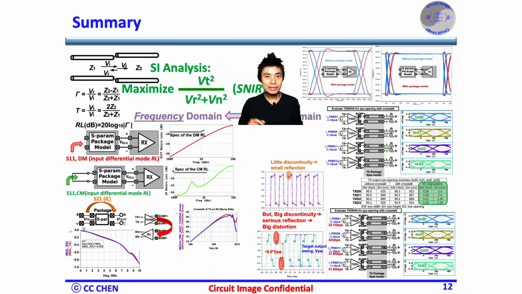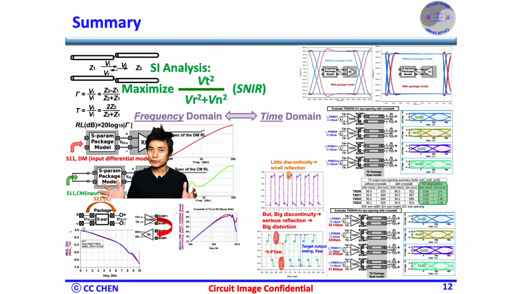Therefore, we must do the SI analysis through both the frequency domain and time domain. In the frequency domain, the return loss is very critical, relating to the series reflection.